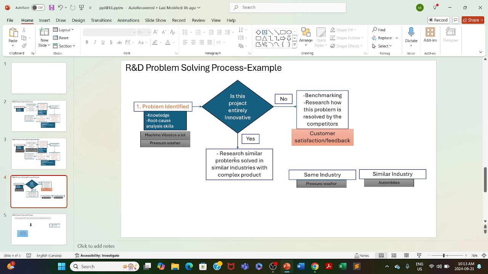So, research similar problems solved in similar industries with complex products. Our product is a pressure washer, and we are trying to solve the problem of vibration. The complex version of this similar kind of product is the car, and a car or automobile also has vibration. The question is how they are actually solving it.